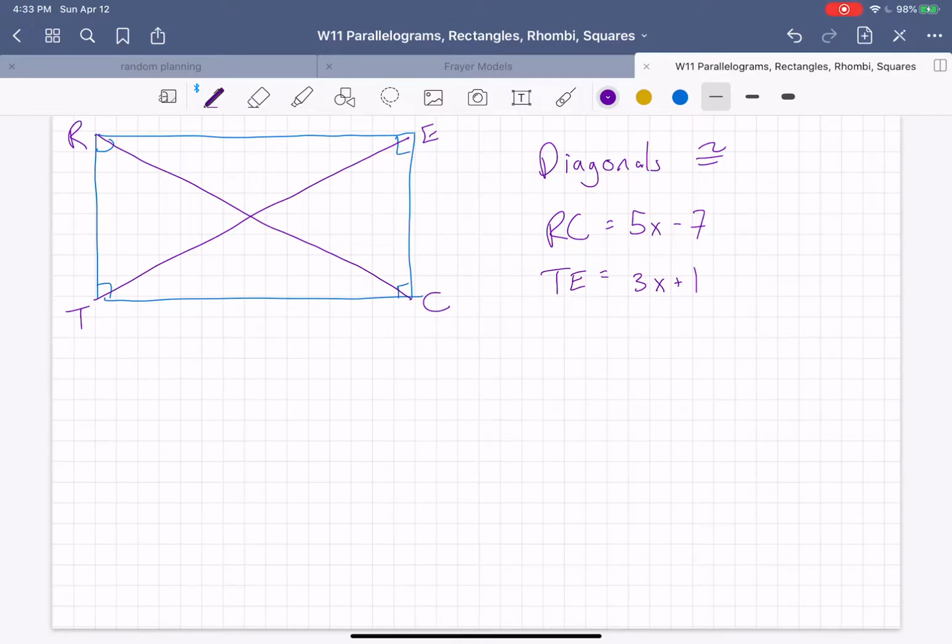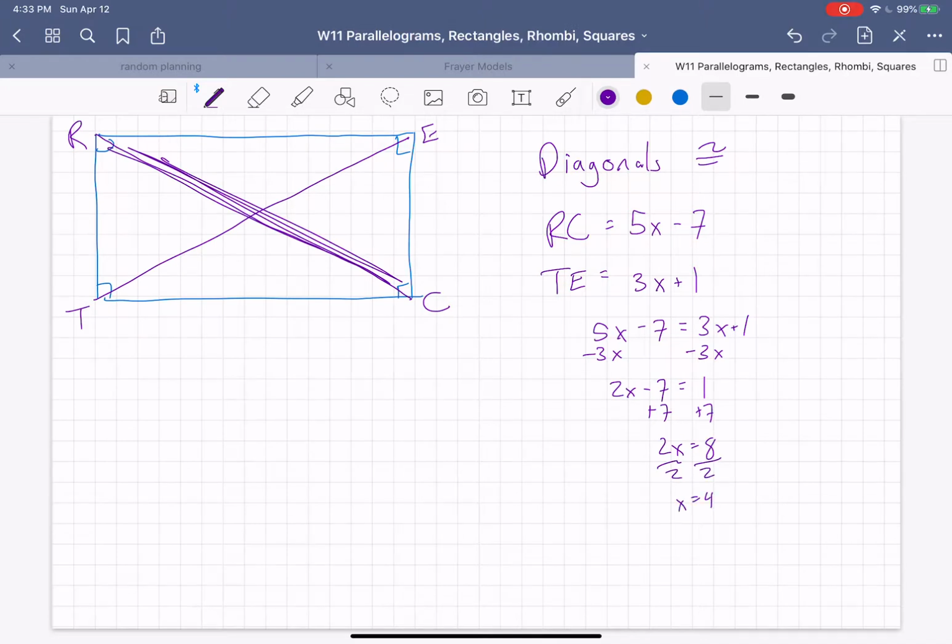So RC is this diagonal, TE is the other. We know in a rectangle the diagonals are congruent, so we can set these equal to each other and then solve for x. So minus 3x on both sides, add 7 on both sides, divide by 2 to get x equals 4.